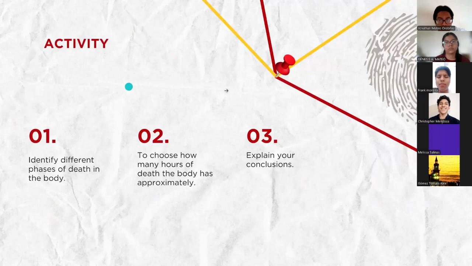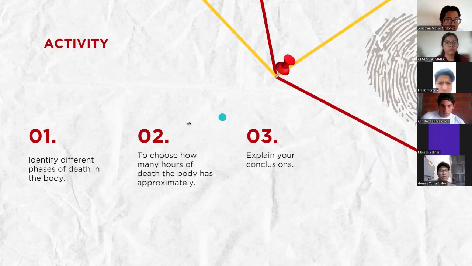Okay, it's time to work. It's your turn. You already know different phenomena and the characteristics of the phenomena. So for this activity, number 1, you are going to identify what phenomenon is occurring in this body. Number 2, you are going to choose the time of death approximately.